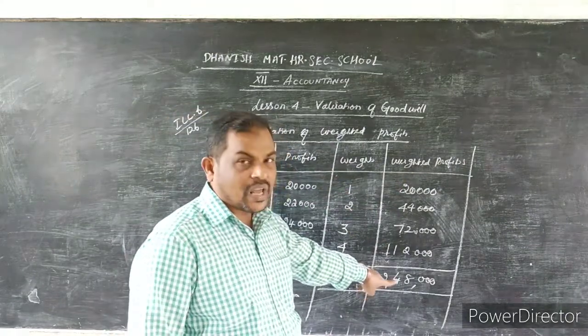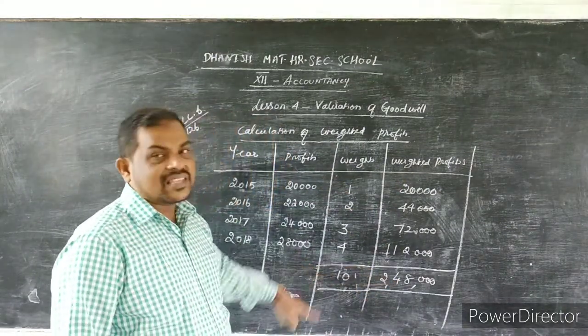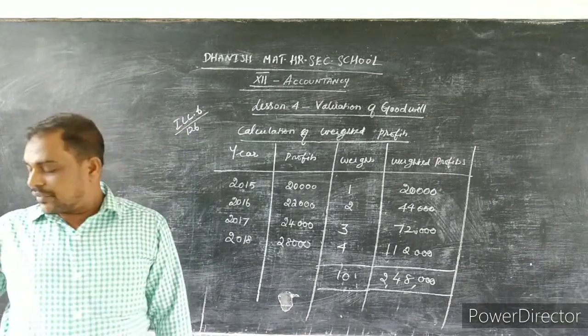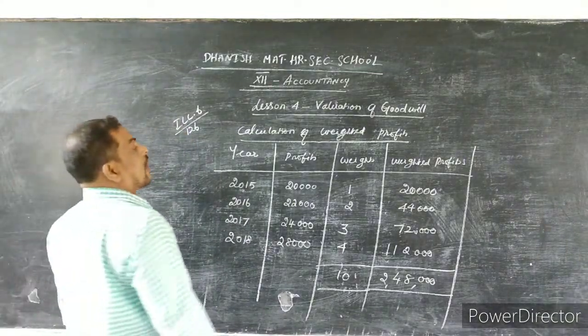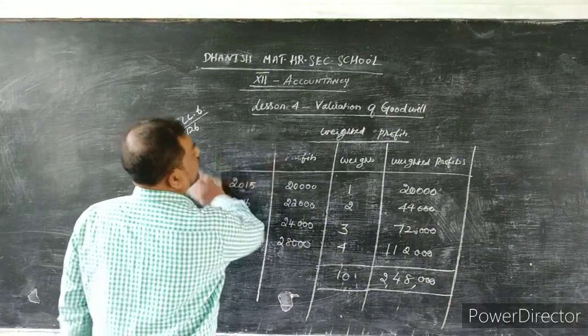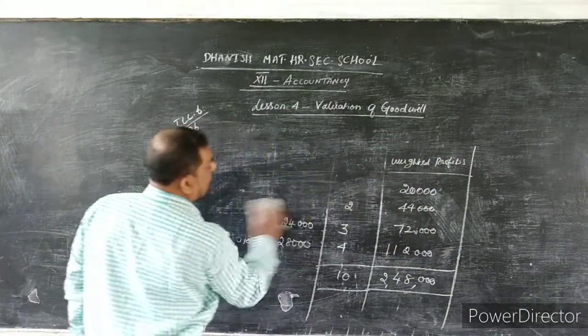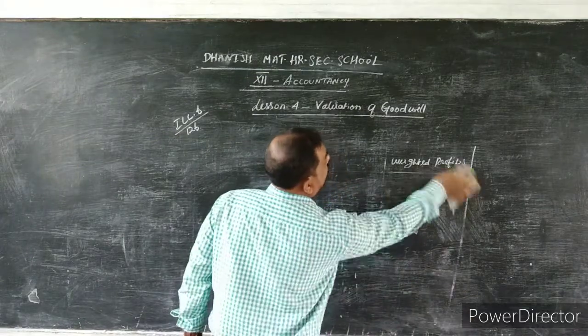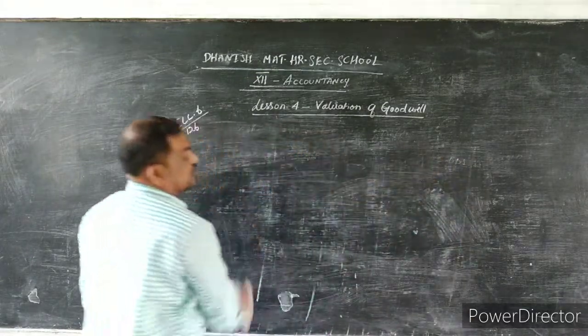Total weighted profit is 2,48,000. Total weight is 10. After calculation of weighted profit, we have to compute the average weighted profit. After the average weighted profit only, we have to calculate the valuation of goodwill.